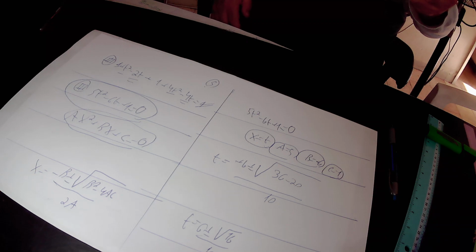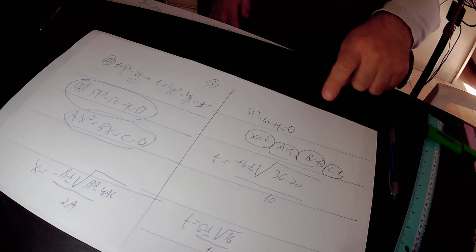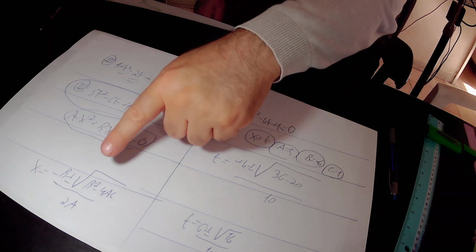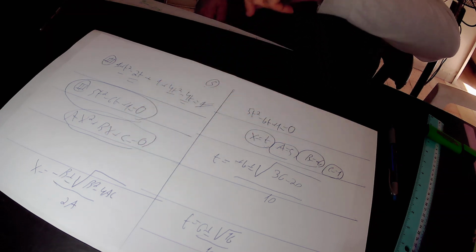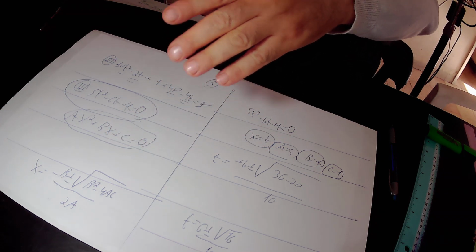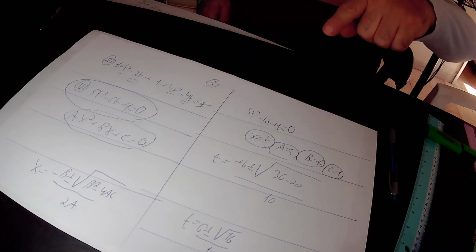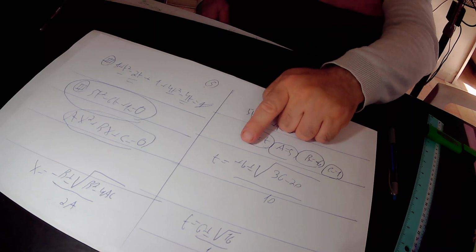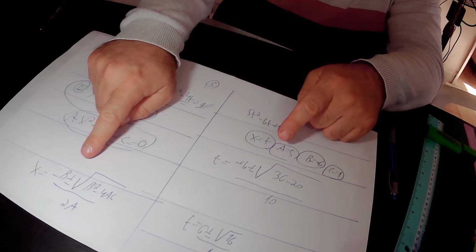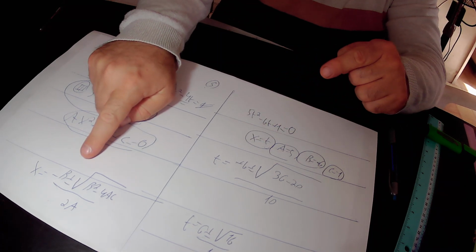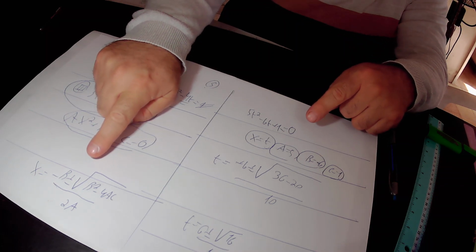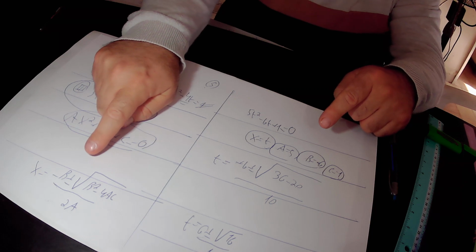The only thing that we have to do is to put the data of our specific quadratic equation inside the general formula for x, and this way we find out the values of t, because x equals t. So we substitute x by t. So t equals minus b. b is minus 6, therefore minus b is plus 6, plus or minus the square root of b squared. b squared is minus 6 squared, that is 36.